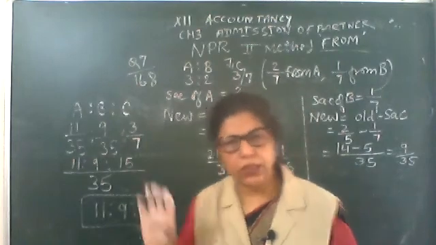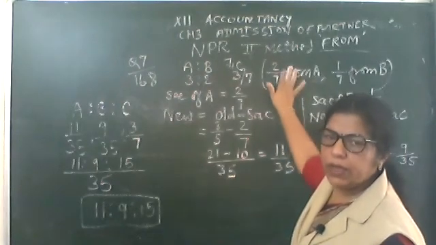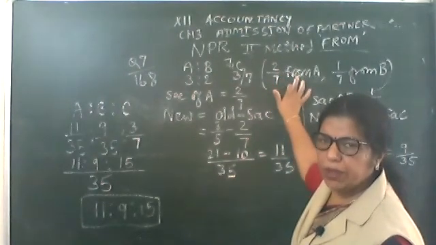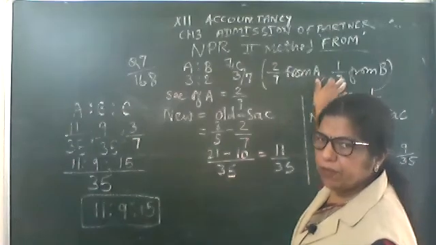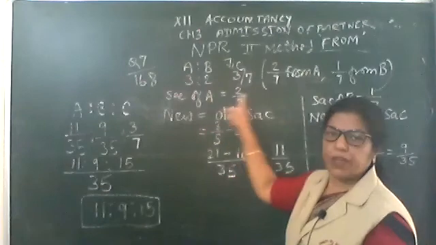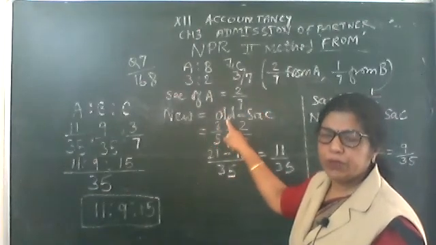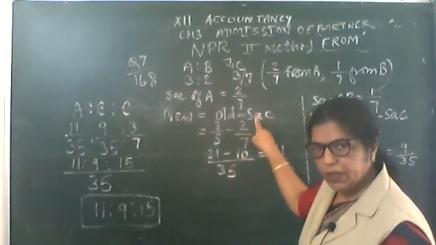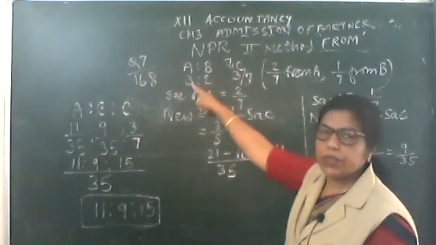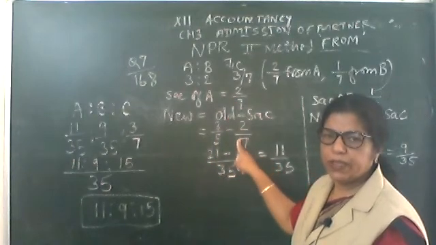But this question is given with some condition: 2/7 from A, 1/7 from B. It means the sacrifice of A is 2/7. New ratio is equal to old minus sacrifice. Old ratio is 3/5. Sacrifice is 2/7.